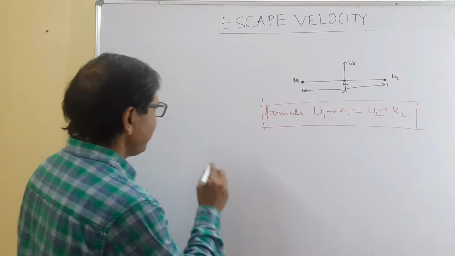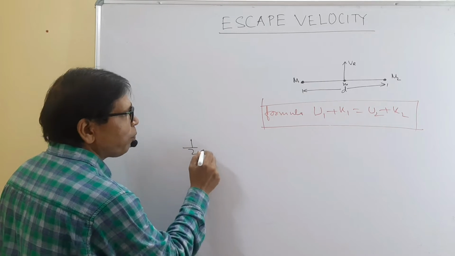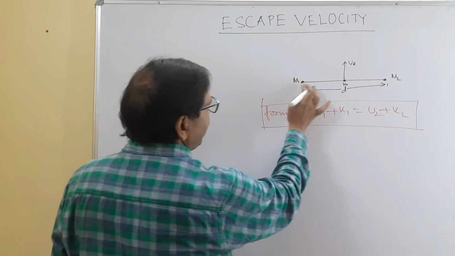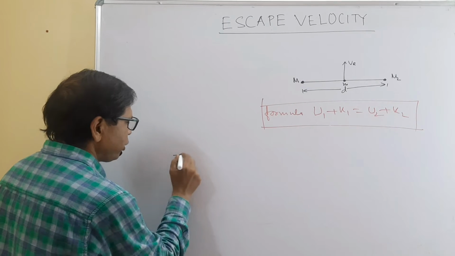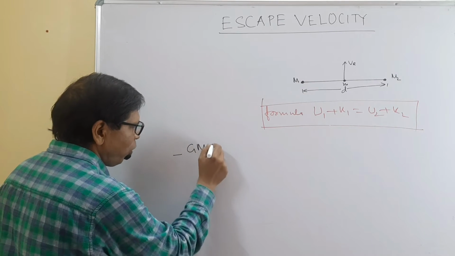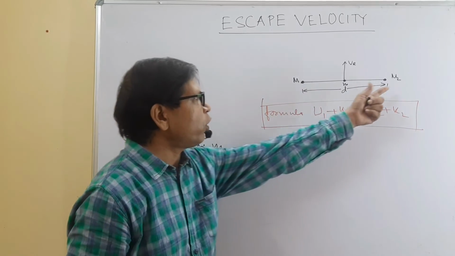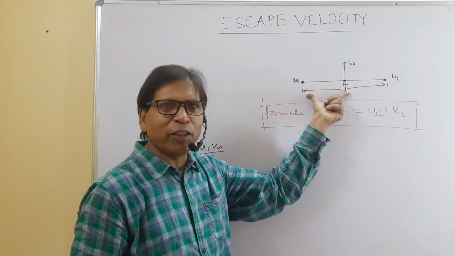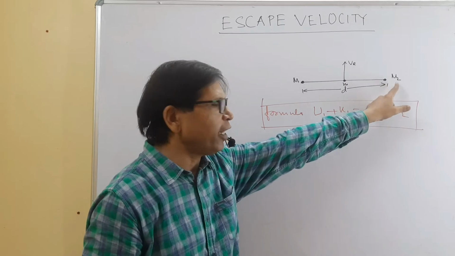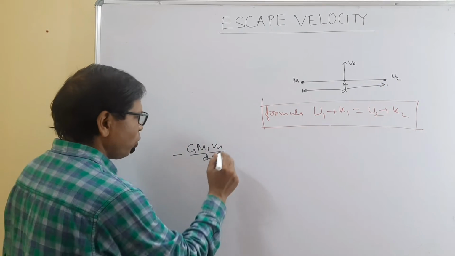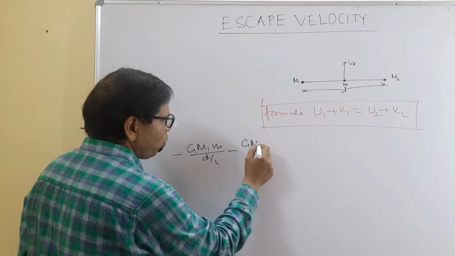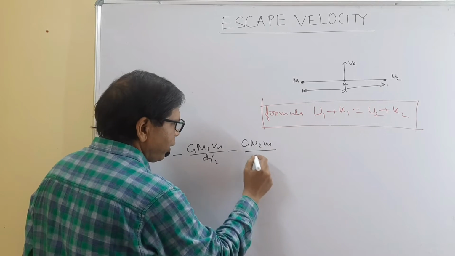Now look at this. The potential energy due to this mass is minus G m1 m by d by 2, because the total distance is d, so this distance is d by 2. The potential energy due to this mass is also minus G m2 m by d by 2.